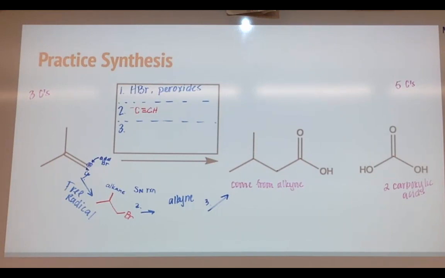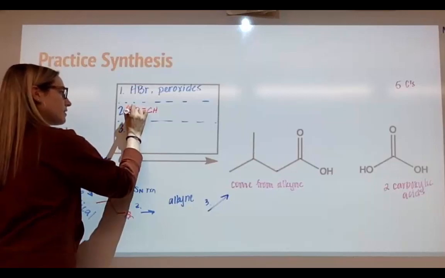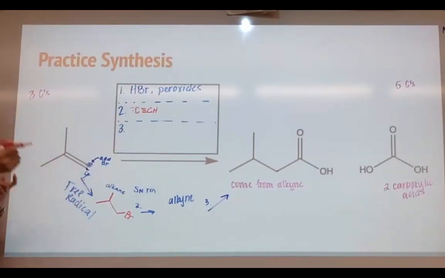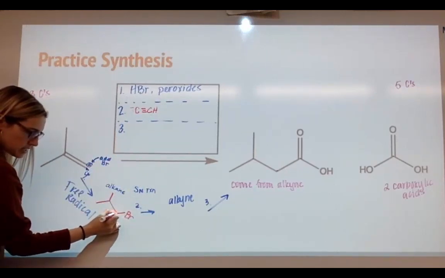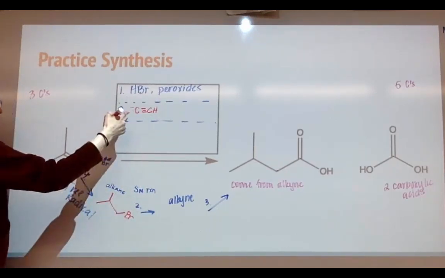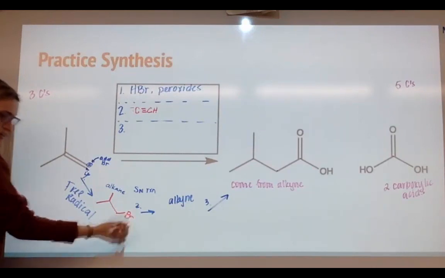I need to add 2 carbons. So what's going to happen is this negative, nucleophilic substitution, these electrons are going to attack this carbon. That's going to form a single bond, and your leaving group is going to leave.